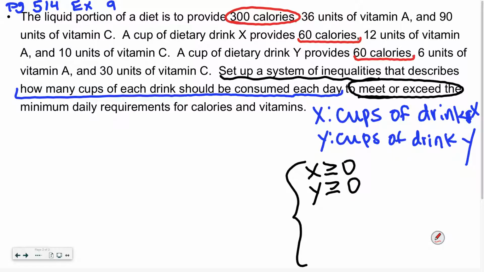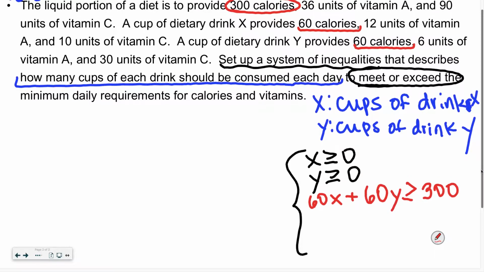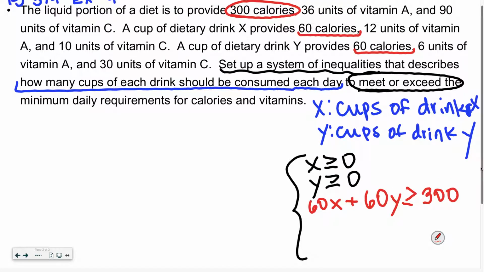So when we're talking about an inequality, we want 60 calories times the number of drink X plus 60 calories times the number of drink Y needs to meet or exceed our 300 calorie requirement. Okay, 60 calories from drink X plus 60 calories from drink Y needs to meet or exceed our total calories of 300.